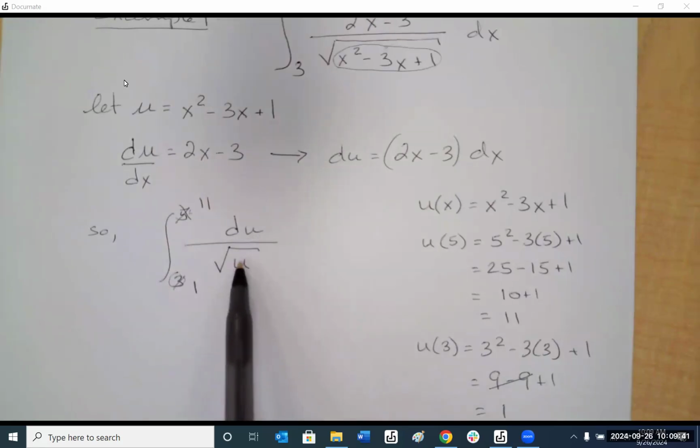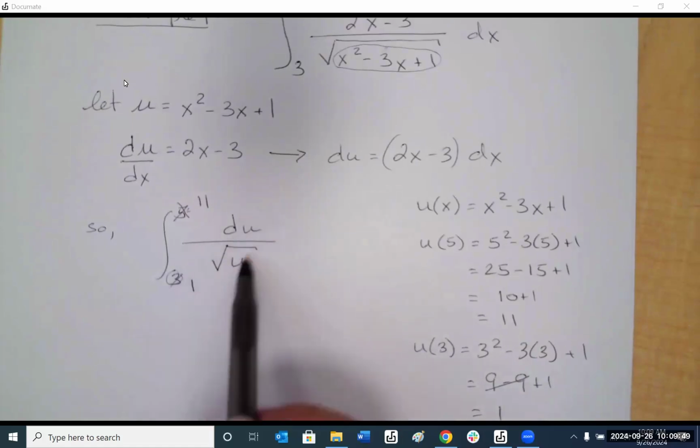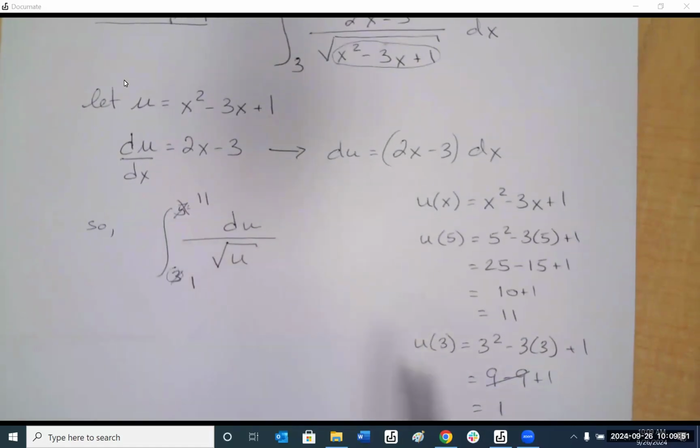Or if we change it to the u function, we can keep it there as long as we change the bounds of integration. Now all we have to do is simplify this and plug these in for u. And we'll get the same answer.